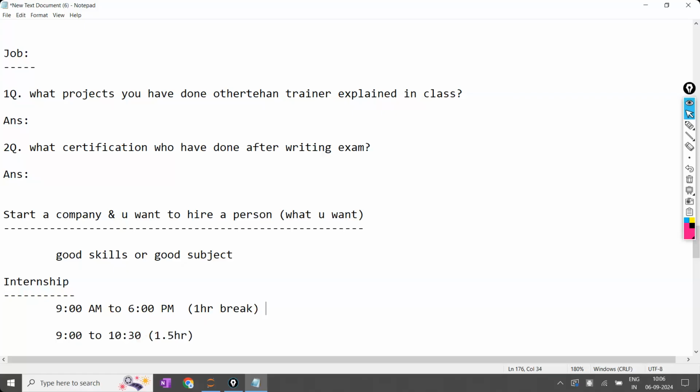Generally, what we work in the IT industry, the same 8 hours you spend in Nourish IT. In that 8 hours, 1.5 hours you spend in class, 1.5 hours class, 6.5 hours lab. Sit in the lab and practice every day. What you do in the companies, do the same thing. Let us assume this 1.5 hours is the meeting time. In the company, 1.5 hours meeting time is there.